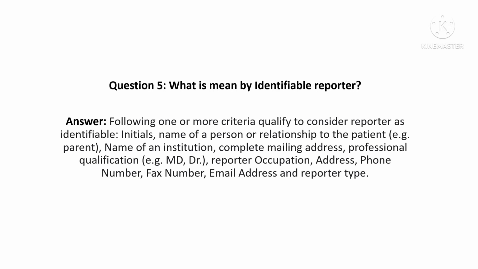Reporter occupation, address, phone number, fax number, email address, any of this information must be reported. Then only can we consider that the sender is an identifiable reporter. Otherwise, we cannot consider it a valid report.